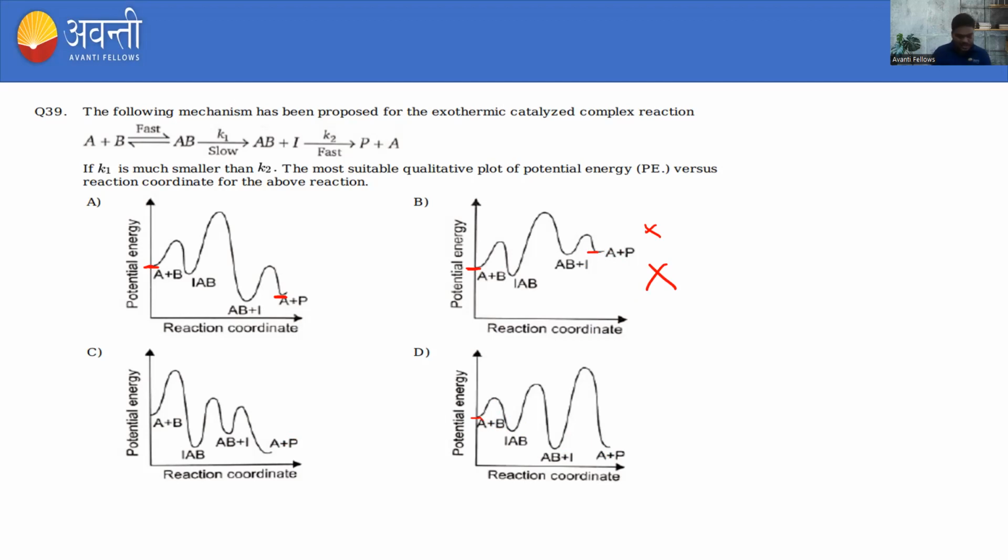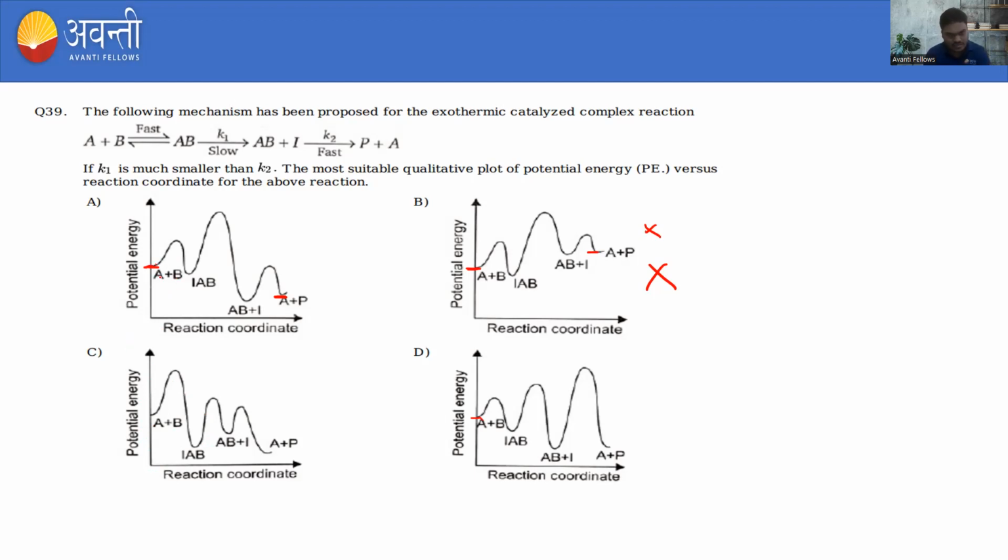Since the conversion of A plus B to AB is fast, the energy of activation for this process is very low. This reaction flow is very fast, so the activation energy must be very low. So always remember, out of these, which has the minimum activation energy.